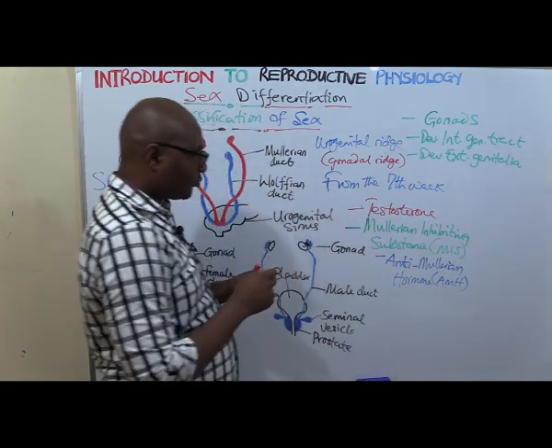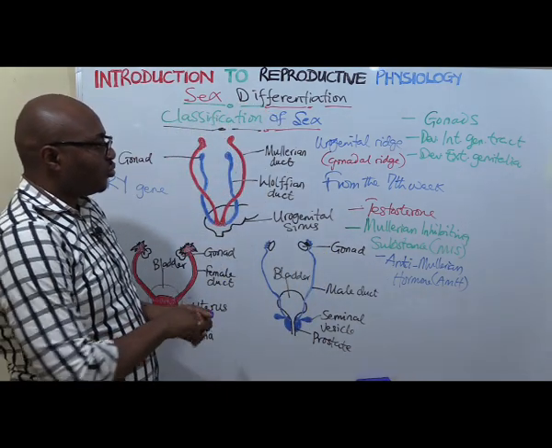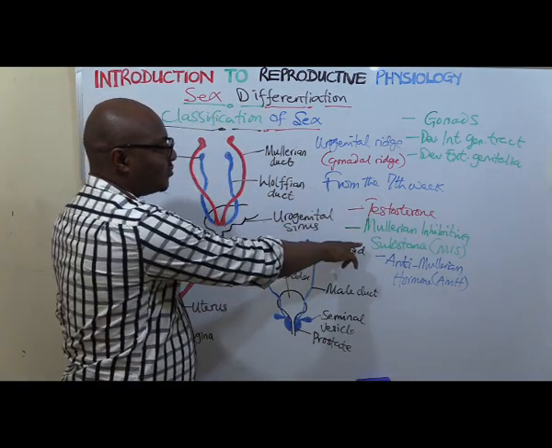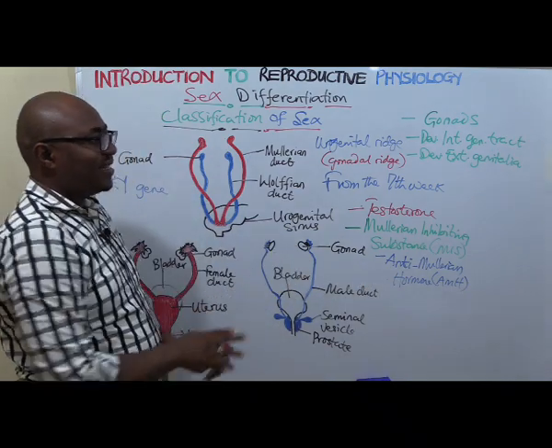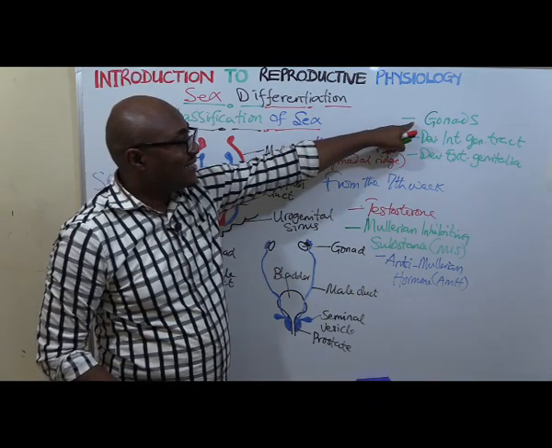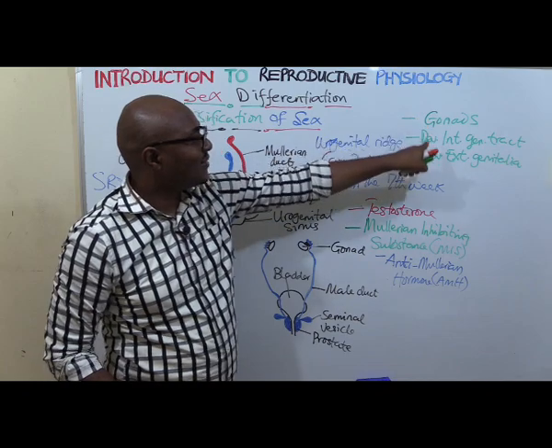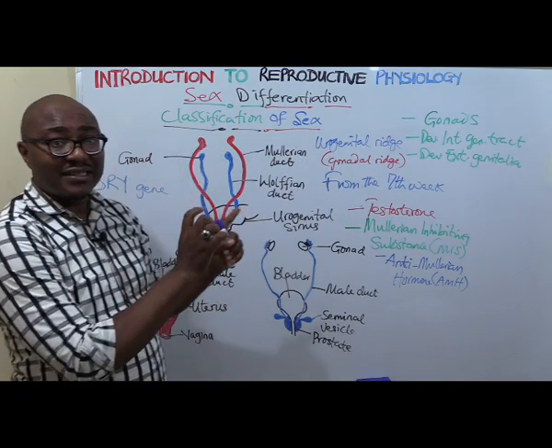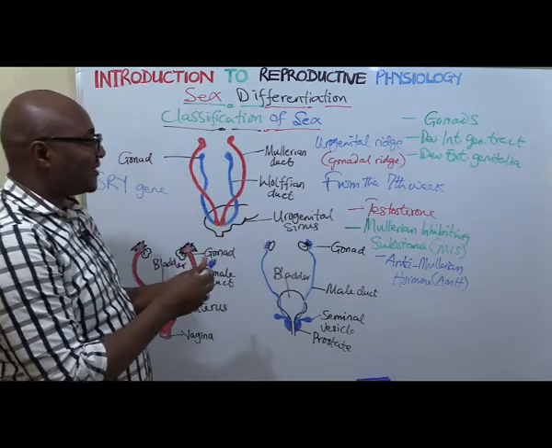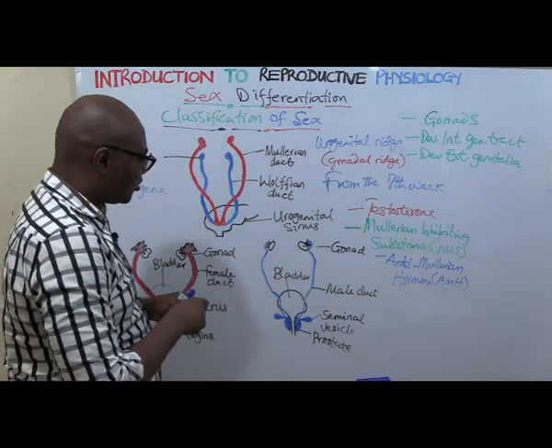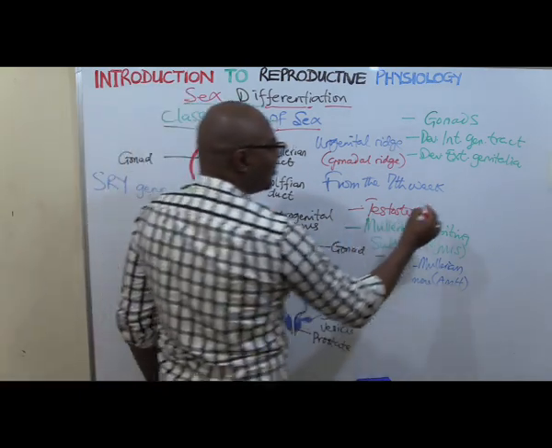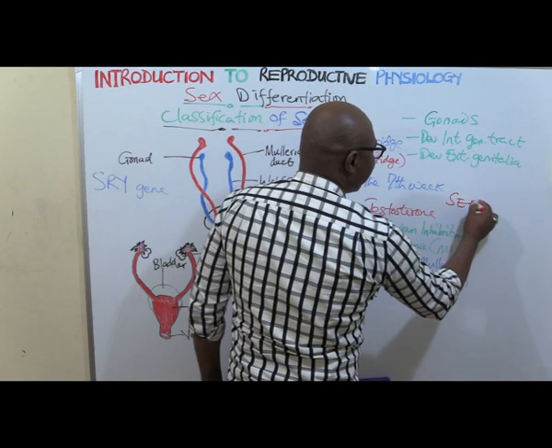So the testosterone and Mullerian inhibiting substance is necessary for the development of gonads and internal genital tract in the male.